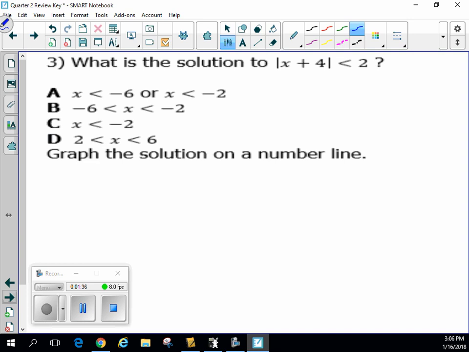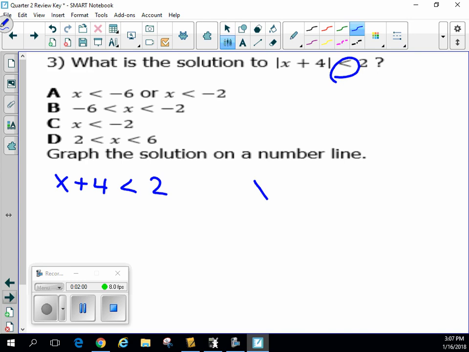Number 3 says, what is the solution to the absolute value of x plus 4 is less than 2? Remember, with absolute value, you have to set up two inequalities. Our first one will stay exactly the same: x plus 4 is less than 2. But for our second inequality, we switch the sign of the inequality and we switch to negative 2.